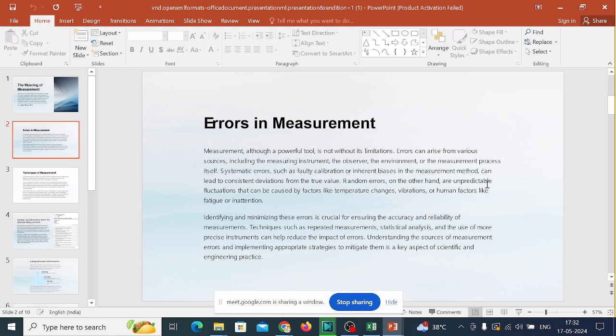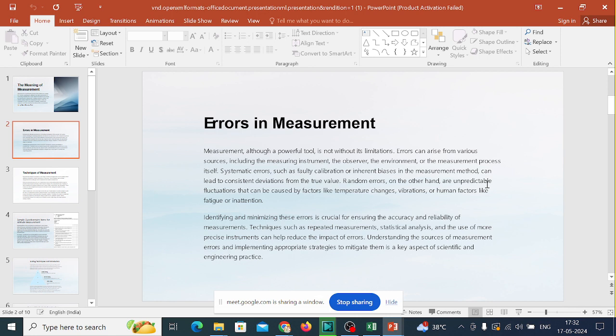Now, identifying and minimizing these errors is crucial for ensuring the accuracy and reliability of the measurement. This line is very important, which is why I have described it. You need to identify the problems and try to minimize them. You cannot be accurate in measurement. Always approximately will be there.